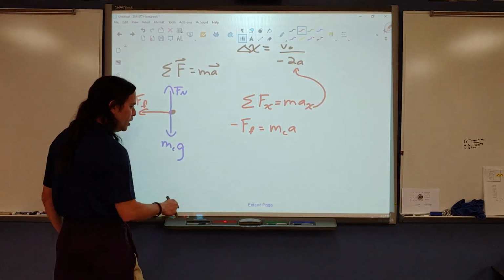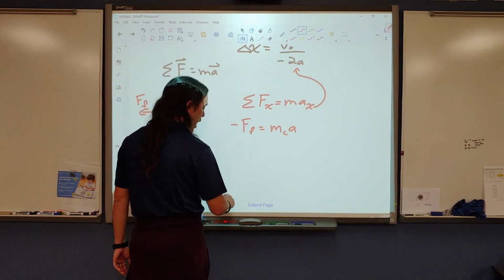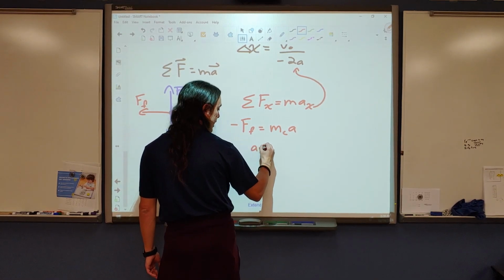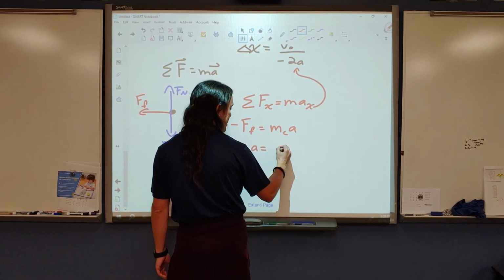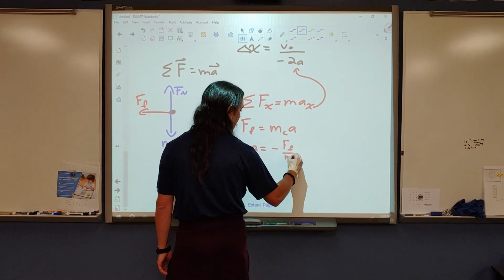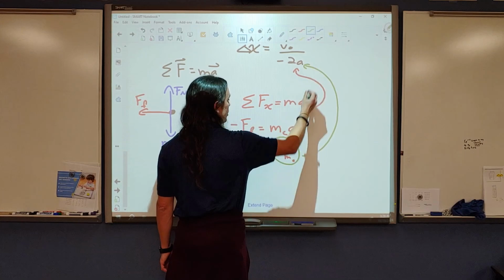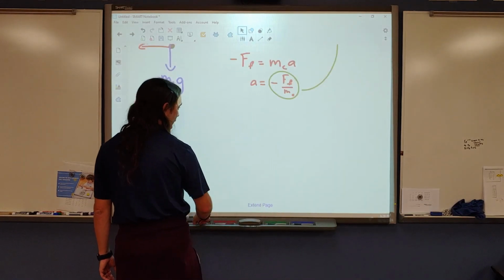Okay, great. So now I've got this, although I can now move this around. I'm going to divide both sides by mc, and I get my acceleration is equal to negative force of friction divided by mc. Okay, great. Well, this is my acceleration, so I can plug it in up here. Going back to my equation, keep my eye on the prize.